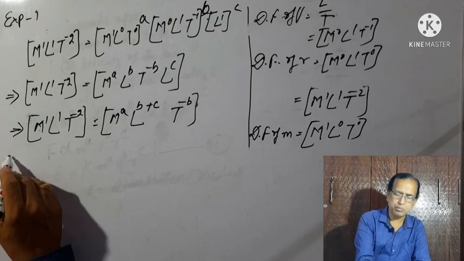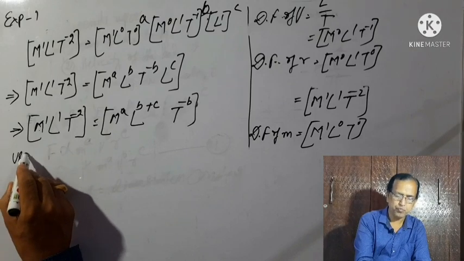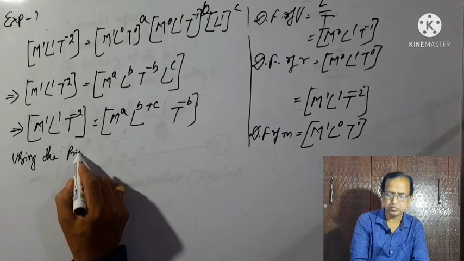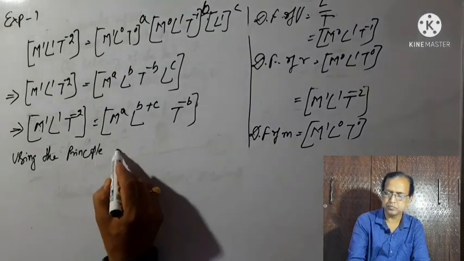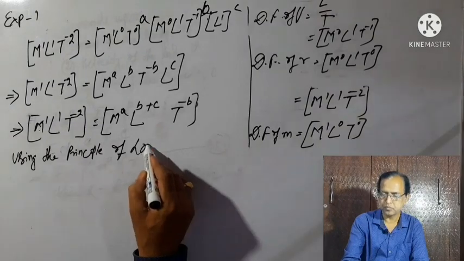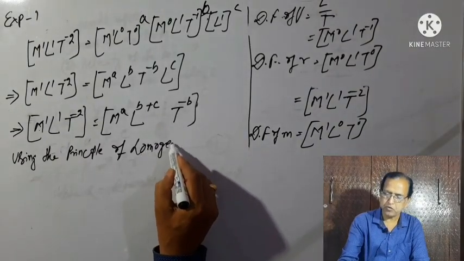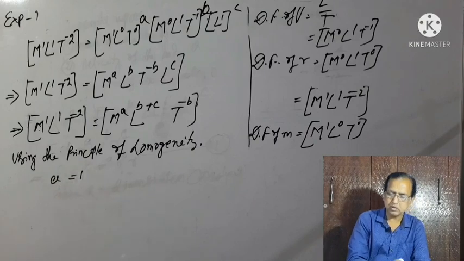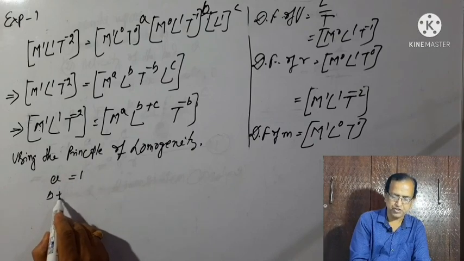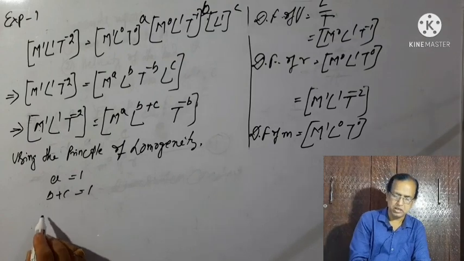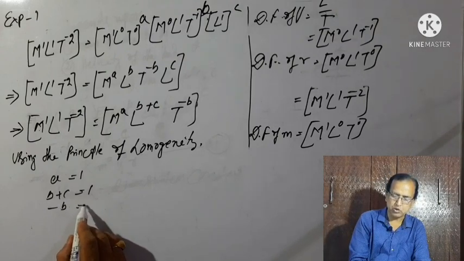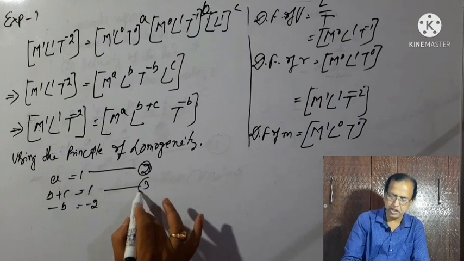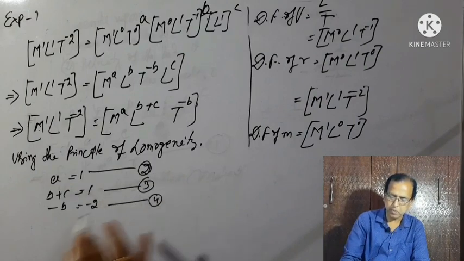So using the principle of homogeneity, a is equal to 1, b plus c is equal to 1, minus b is equal to minus 2. This is equation 2, this is equation 3, this is equation 4.